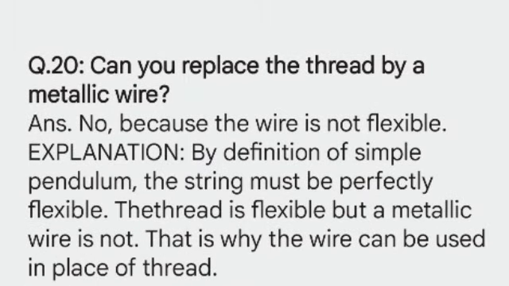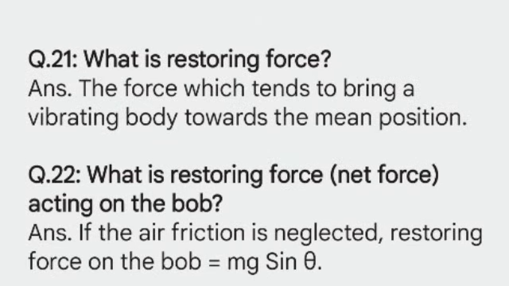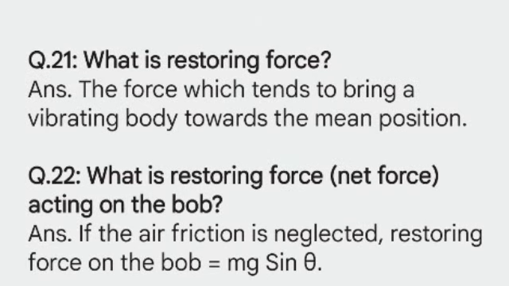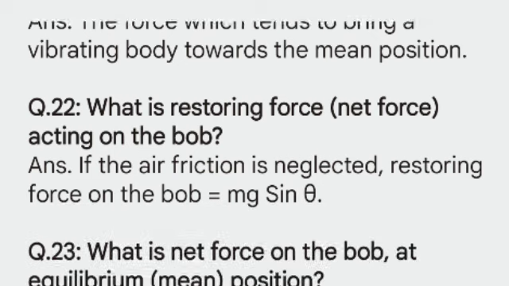Next question: can you replace the thread by a metallic wire? Answer: no, because the wire is not flexible. And next question: what is the restoring force? The force which tends to bring a vibrating body towards the mean position is called the restoring force.